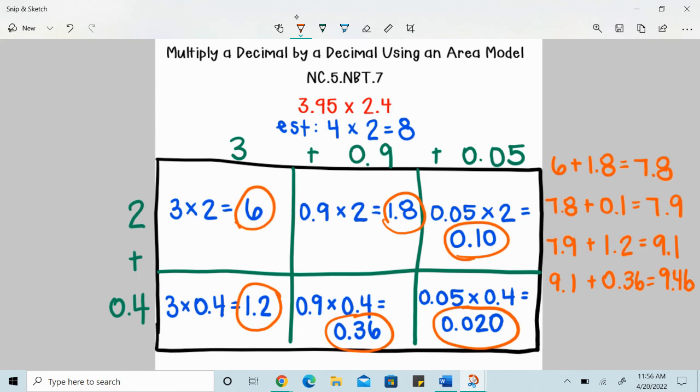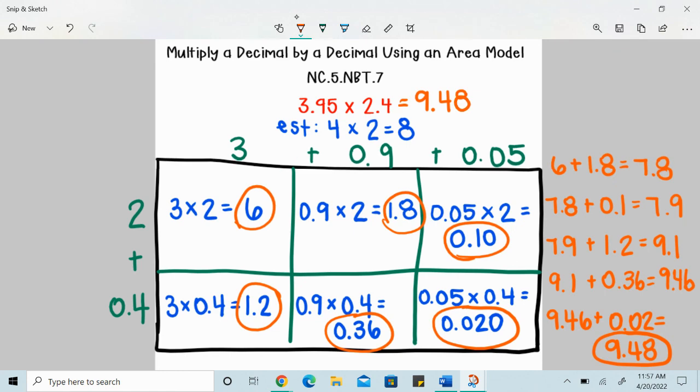And then lastly, I need to add to that the 20 thousandths, which I can actually just write as 2 hundredths. And 9 and 46 hundredths plus 2 more hundredths would get me up to 9 and 48 hundredths. So that shows me that the product of 3 and 95 hundredths and 2 and 4 tenths is 9 and 48 hundredths.